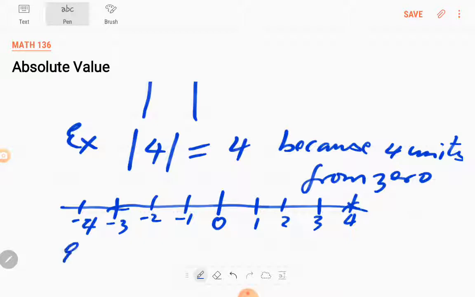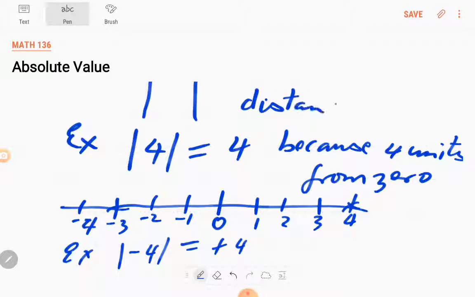So the absolute value of negative 4 is also plus 4, because we think of absolute value in terms of distance, right? So we think about the distance from 0 when we're talking about absolute value.